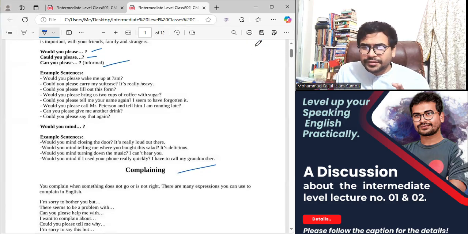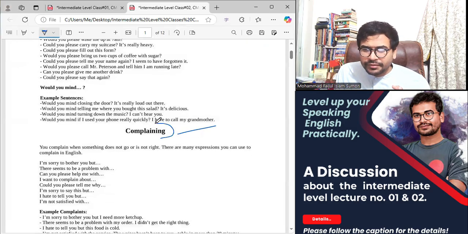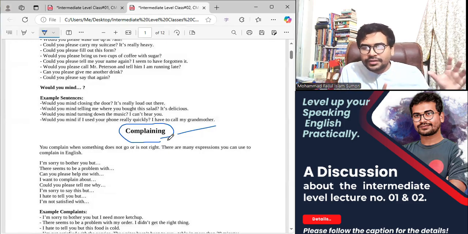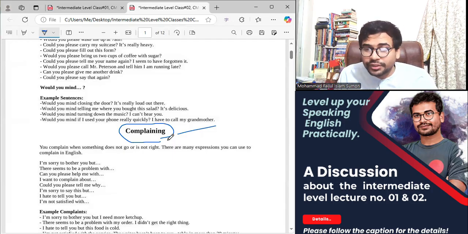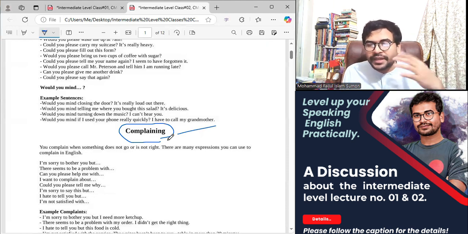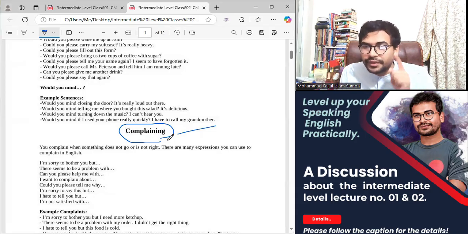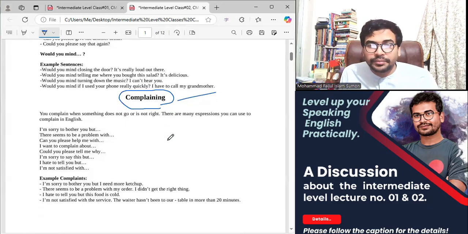After that, if you have read the complaining topic, then try to make another scenario where you are complaining against anyone, according to your knowledge. It totally depends on your wish. Just remember, close your eyes and make a scenario and speak up by yourself to yourself. Got it? So that will make you fluent within a very short time.